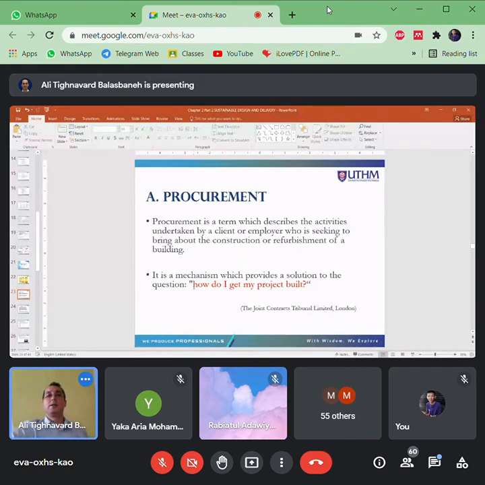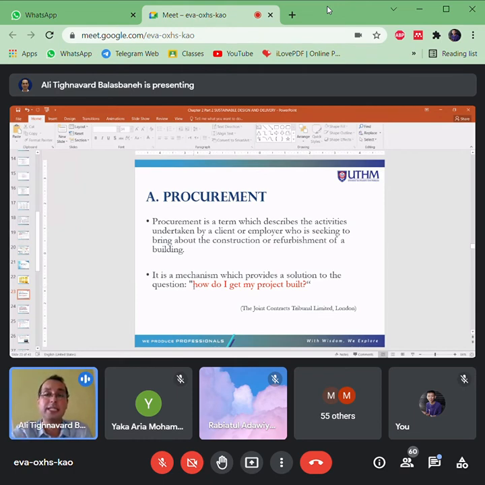So now we have a very short definition for procurement. The activity undertaken by the client who is seeking to bring about the construction or refurbishment of the building. I already discussed procurement during the construction stage. You remember we said we're going to have a bidding or tender to find the supplier and invite them to provide our material.